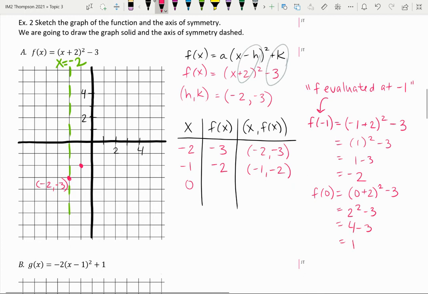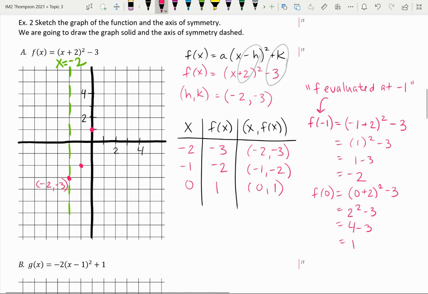Minus 3 gives me 1. So I put in 0 and I get out 1. The coordinate (0, 1) will be up here. This is only a little piece of the parabola.